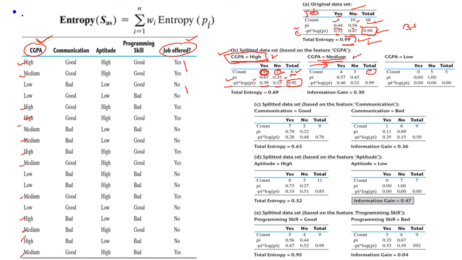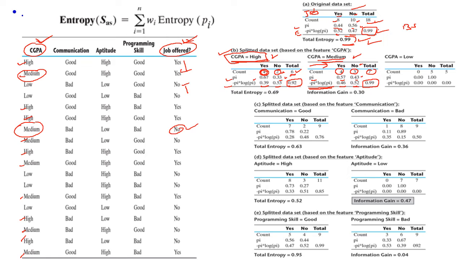Under these 7 records, 4 fall under job offered yes, and 3 fall under job offered no. Likewise, pi is 4 by 7, which is equal to 0.57, and 3 by 7, which is equal to 0.43. Now let us compute minus pi log pi, which is 0.46 and 0.52, and the sum of these two is 0.99.